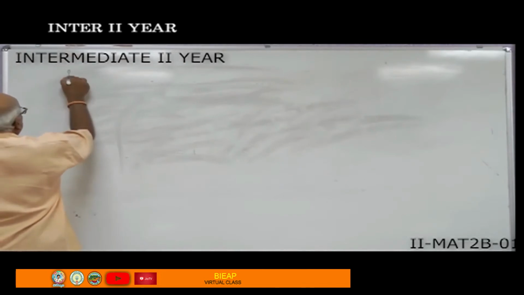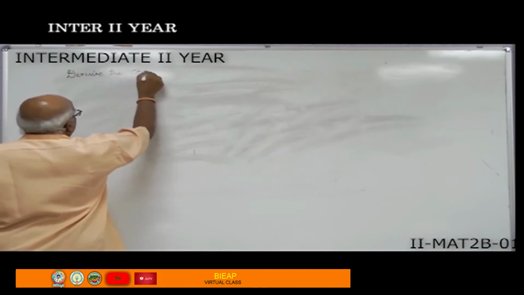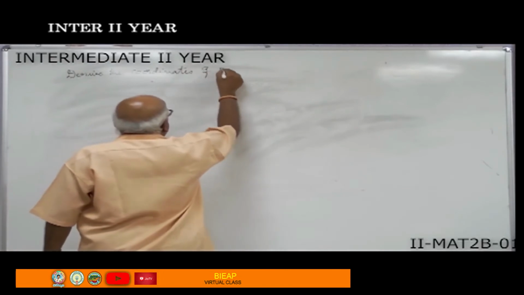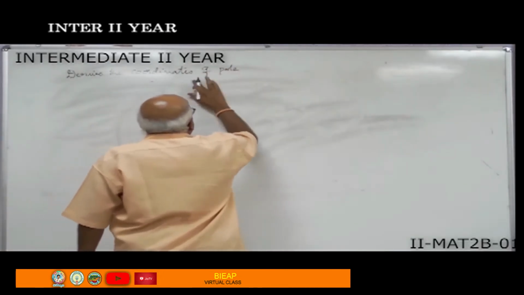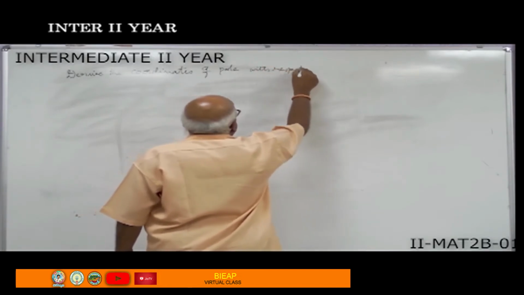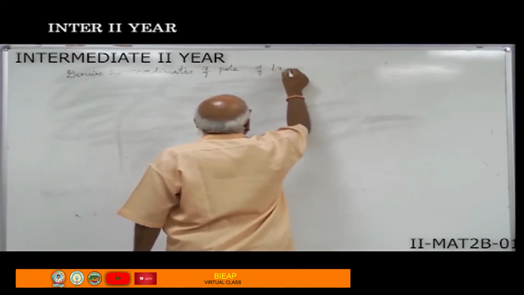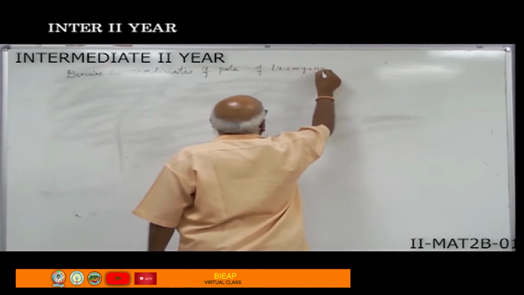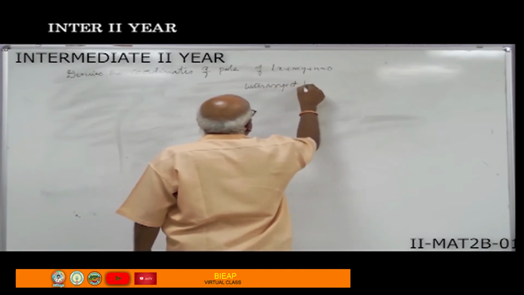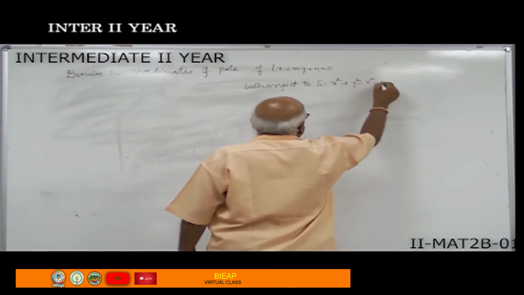Derive the coordinates of the pole of Lx plus My plus n equal to 0 with respect to S equal to x square plus y square minus r square equal to 0.